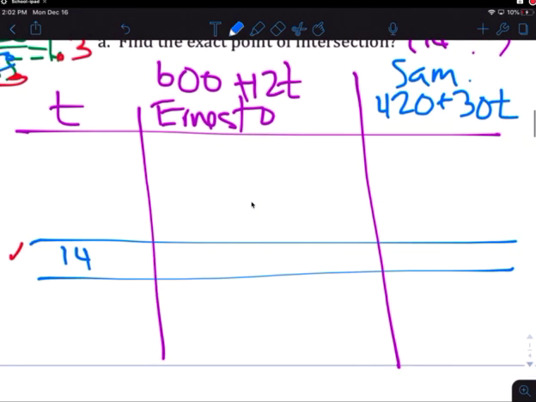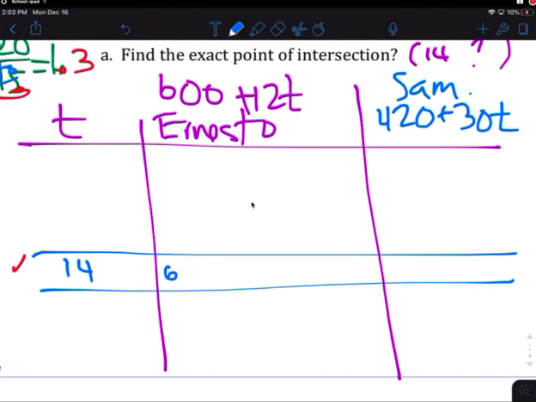See how much Ernesto really pays. So 600 plus 12 times 14. Take a calculator. Multiply and add that together.